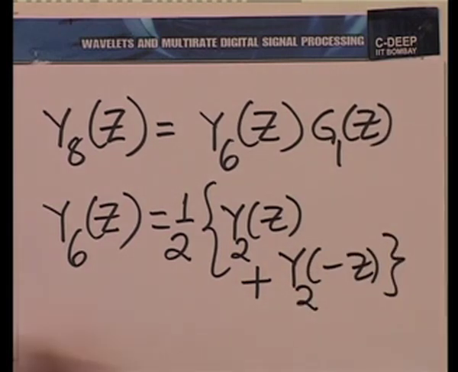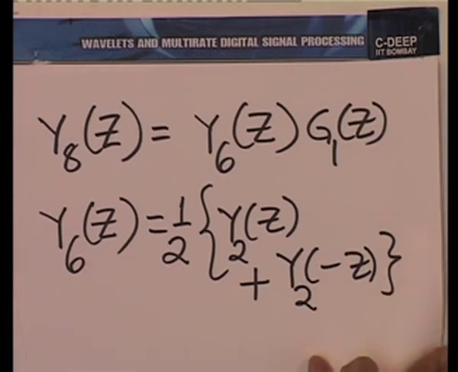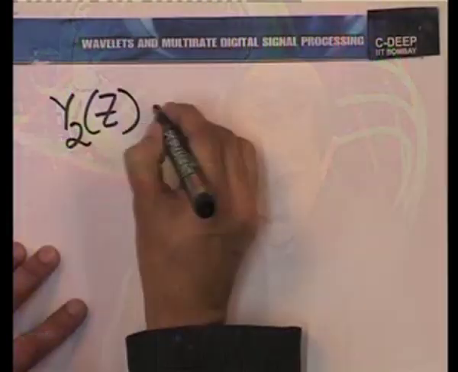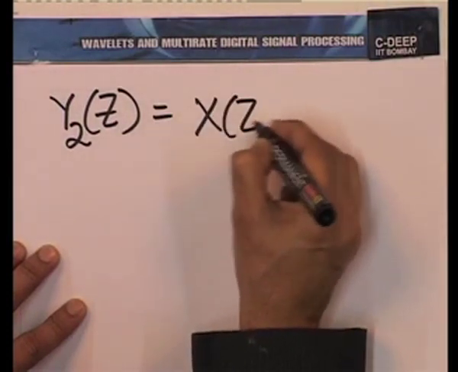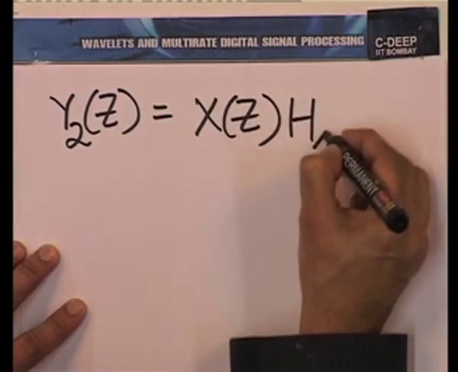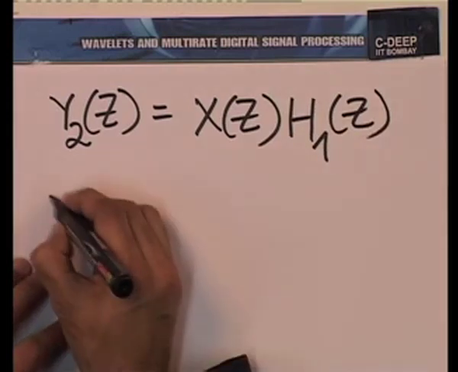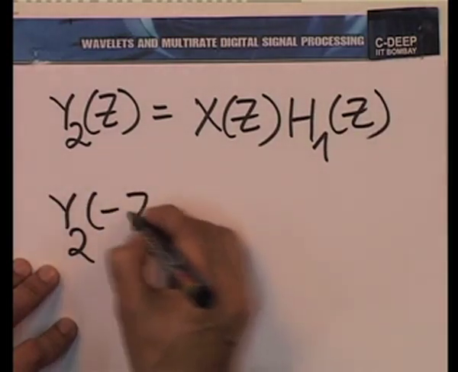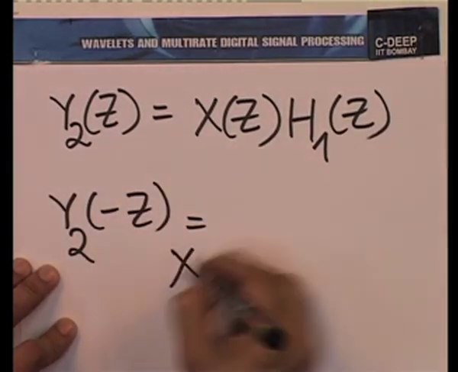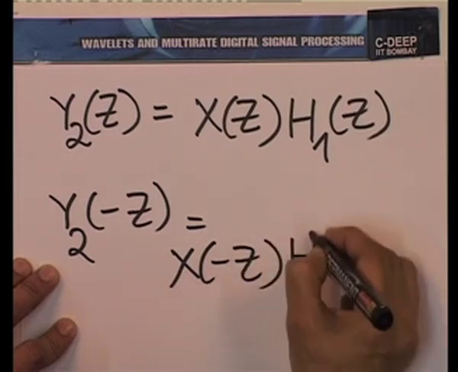And then y2(z) is further going to be X(z) times H1(z), whereupon y2(-z) is going to be X(-z) times H1(-z).